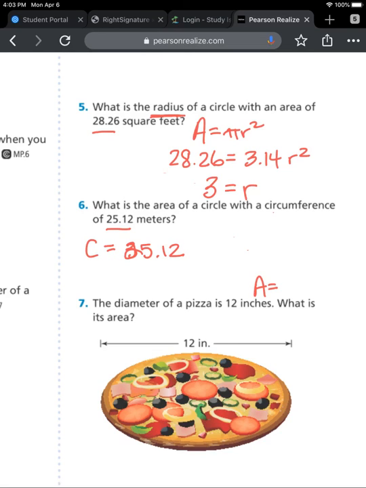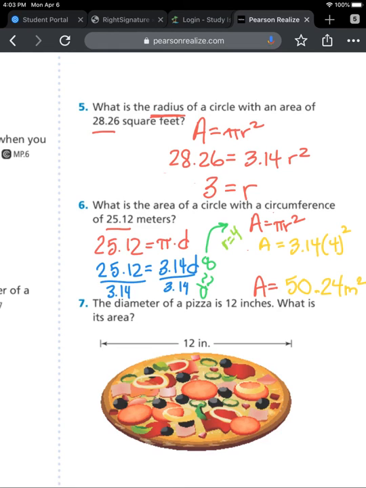So we write in all the things that we know. We know that circumference equals pi times diameter, or 2 pi r. And we know that area equals pi r squared. So we're going to work backwards to find the diameter and the radius, and then we're going to use that to find the area. So why don't you pause this now and try that one.